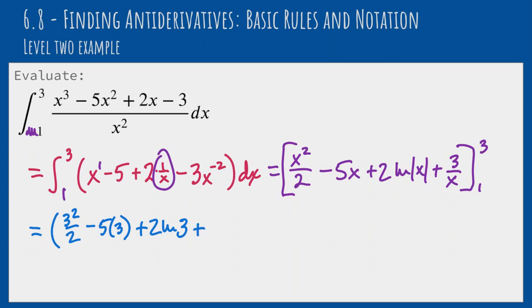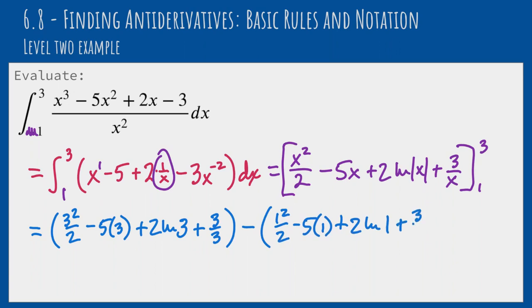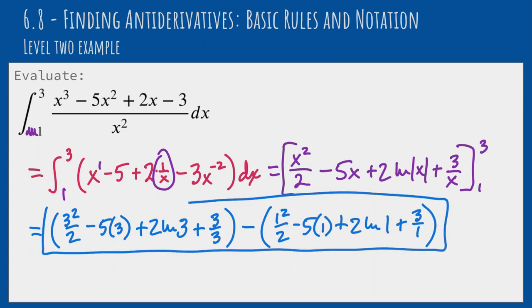And then plus 3 over 3, and then minus, the grouping here is really important. We need the parentheses, especially with this one, because we're subtracting it. So we have 1 squared over 2 minus 5 times 1 plus 2 natural log of 1 plus 3 over 1. And for a free response problem, it's actually okay to just box this and be done.